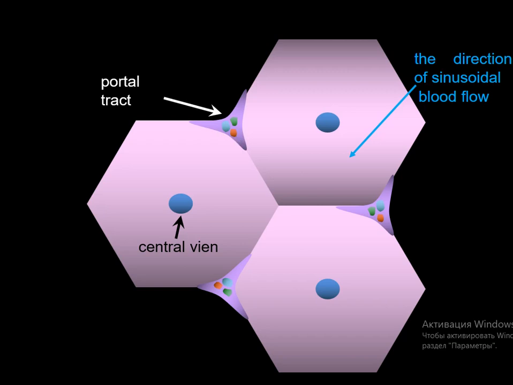Cords of hepatocytes and blood-containing sinusoids radiate from the center to the periphery, if you remember, I hope so. When we talk about the direction of sinusoidal blood, it flows from the periphery to the center.